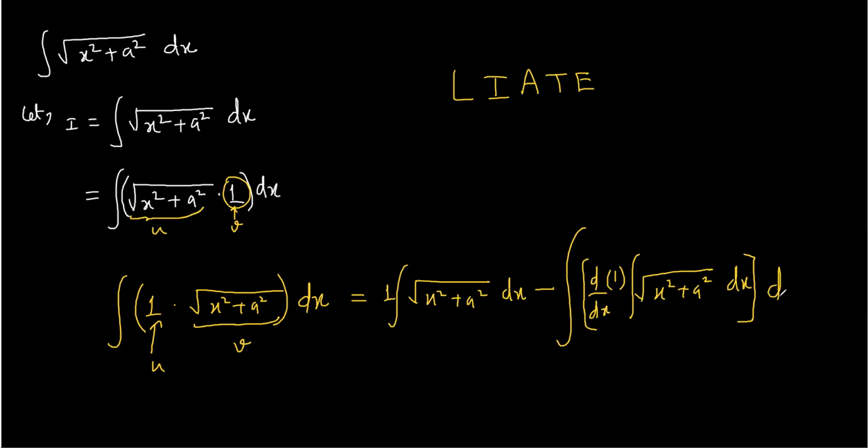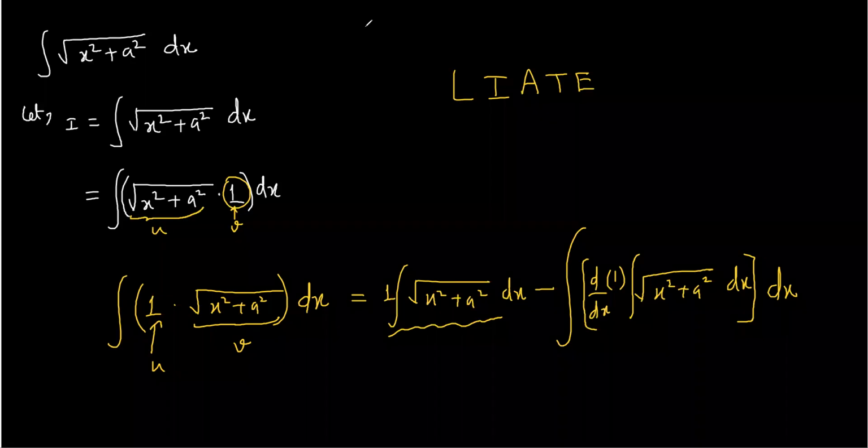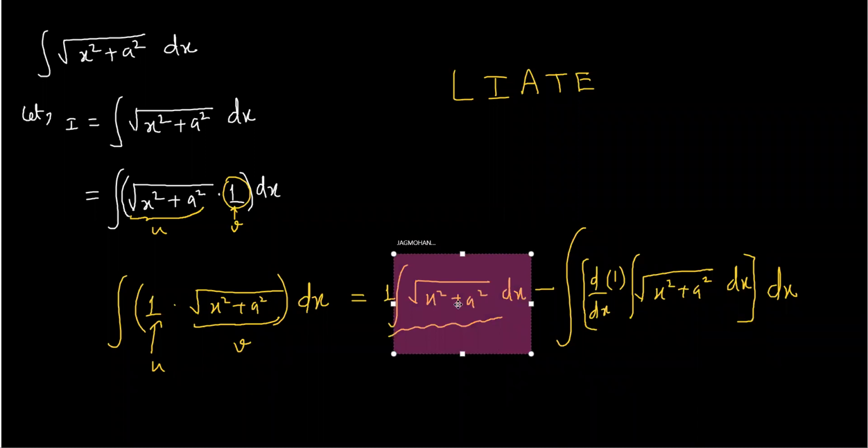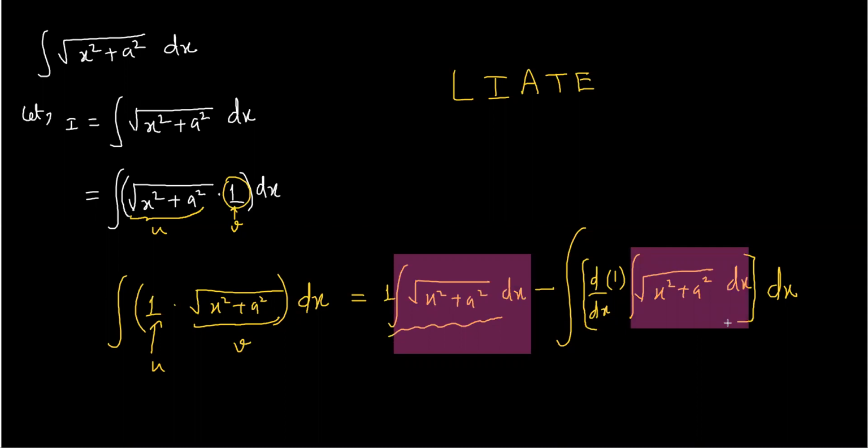Now you notice, since you are writing square root of x square plus a square as v, you will have to integrate that, and we do not know the integration of square root of x square plus a square. That itself was the question that we are dealing with. We do not know integration of this. That is why we are working on it.